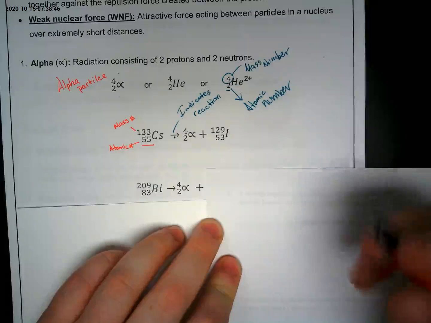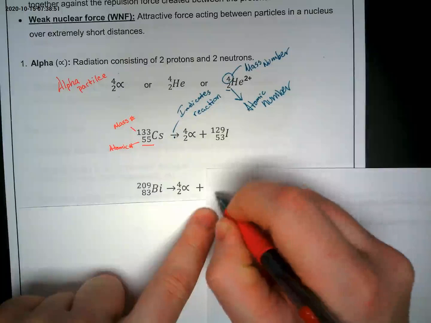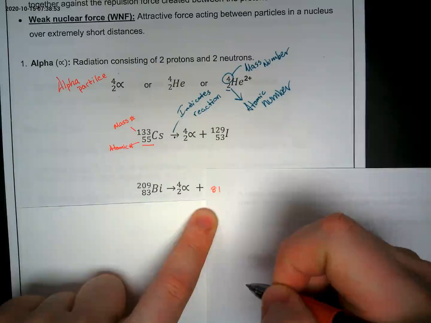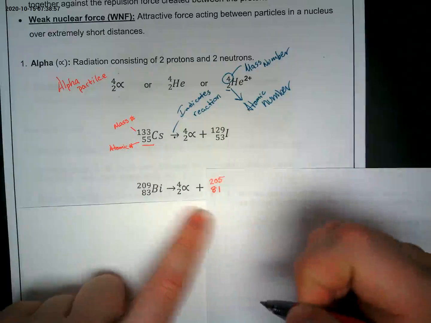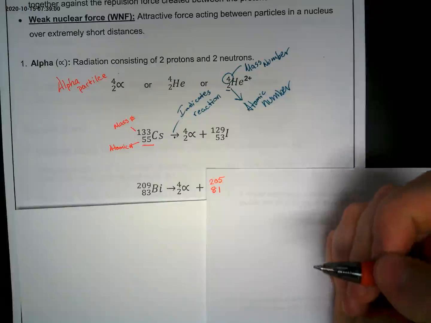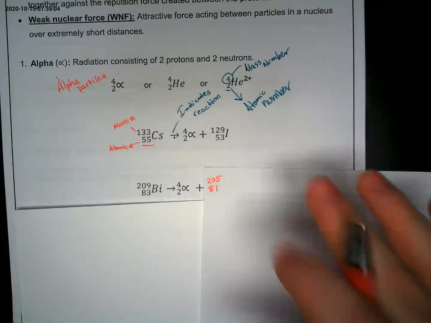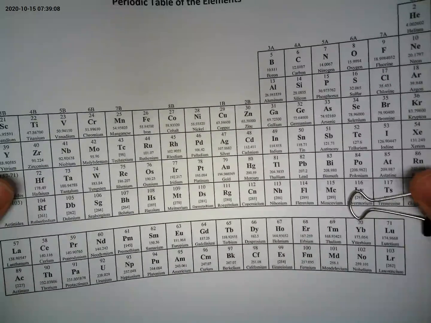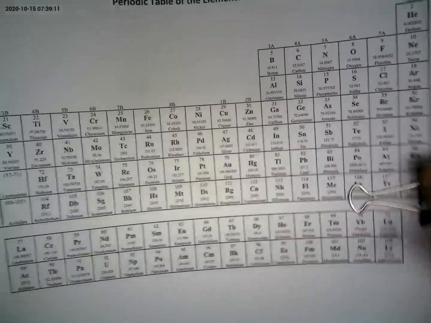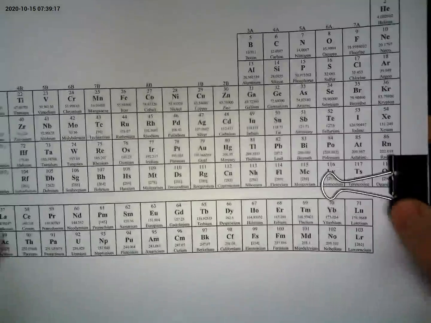Okay, so let's figure this out. 83 minus 2 gives me 81. 209 minus 4 gives me 205. I'm going to look on my periodic table and see what element has 81.